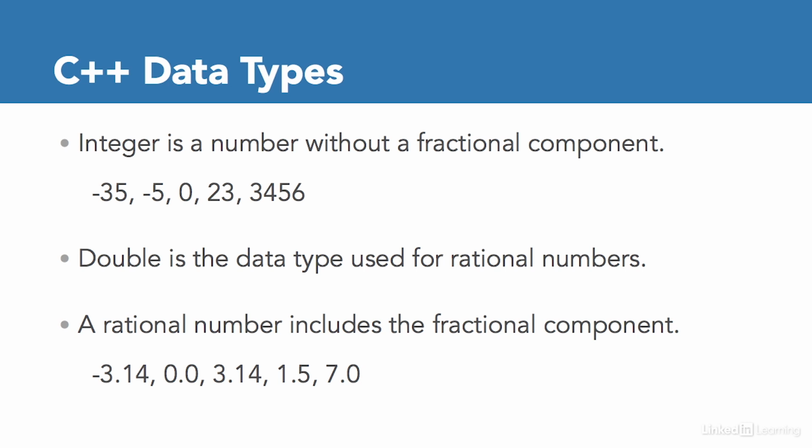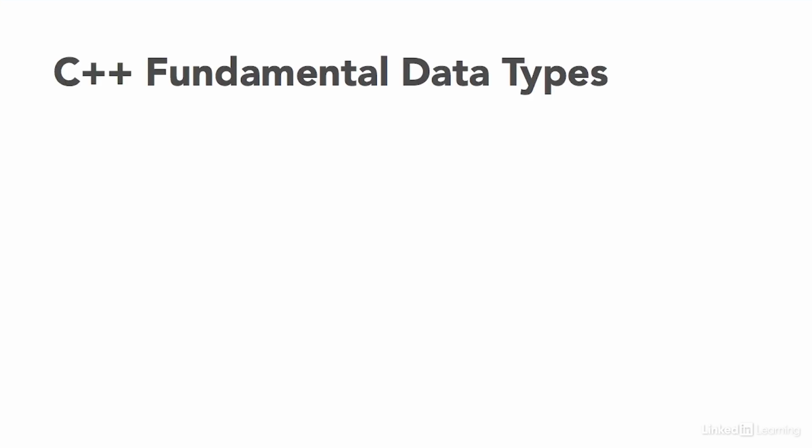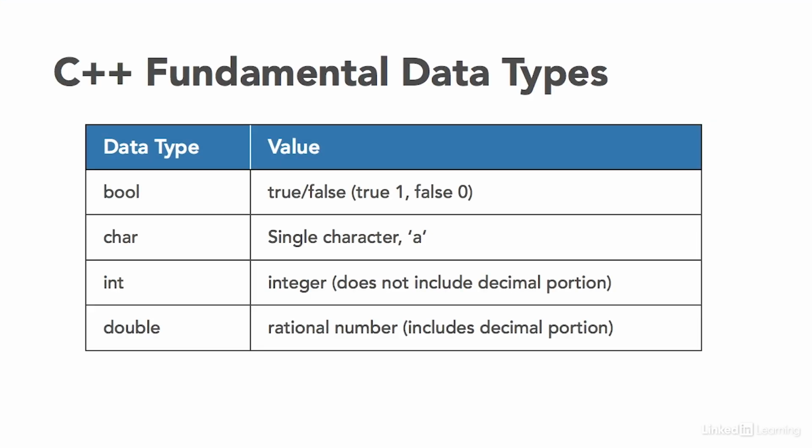the end. There are 4 common fundamental data types. These include bool, which is named after the mathematician George Boole, and it represents a value that's either true or false. Remember, in machine language, we only have ones and zeros. So true is a 1, false is a 0. Next, we have char, sometimes pronounced char.